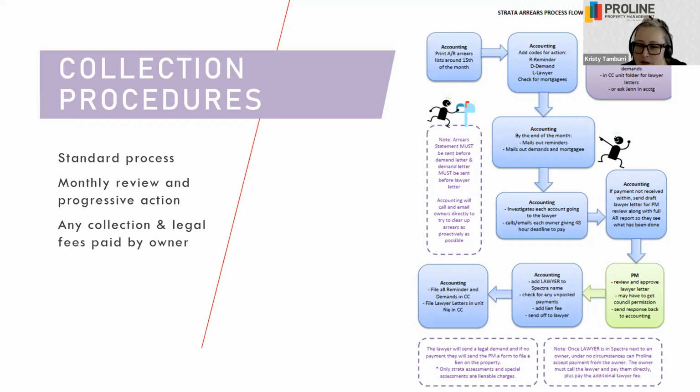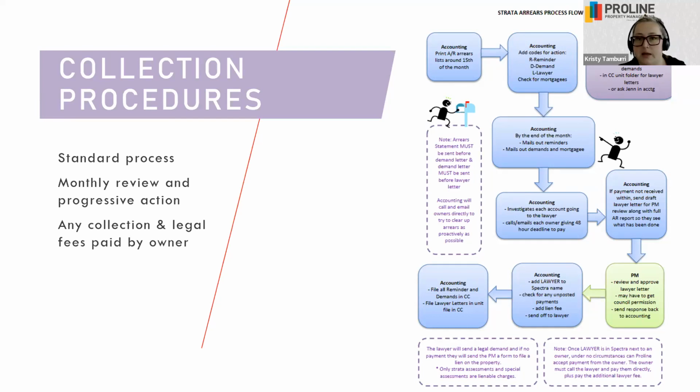And so the process is, and I'll maybe not go into as much detail as the flow chart, but essentially we review each Strata Corporation's arrears reports mid-month, every month, and we decide, depending on what payments have not been made, to either send a reminder letter, a demand letter, or refer that owner to our external lawyer, Mary Morell, to further attempt to collect the strata fees.